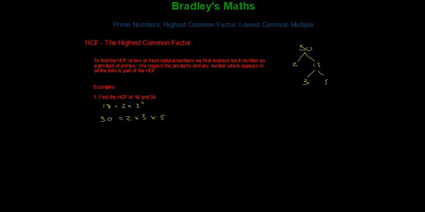Okay, now we're going to look for our highest common factor. HCF, highest common factor, equals. Now, let me use my highlighter. We have a 2 here and a 2 here. So a 2 is common. So 2.